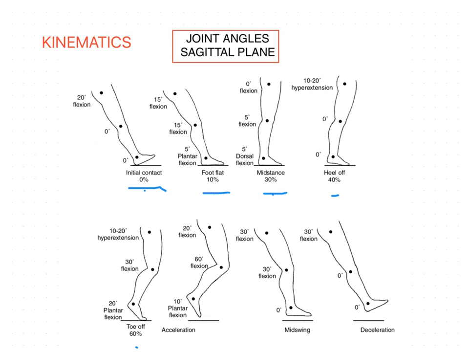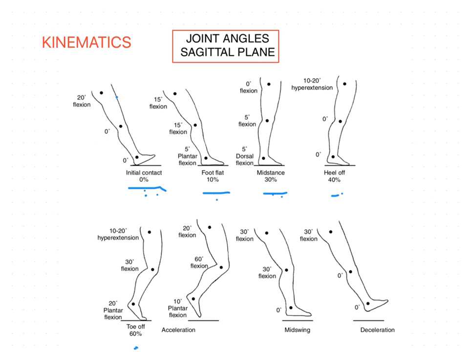Now we will see. What is the first phase in the gait cycle? That is the stance phase. Stance phase includes how many events? One is initial contact, foot flat, mid stance, heel off and toe off, isn't it? Now, what are the joint angles required for the initial contact? For the initial contact, the hip requires 20 to 30 degrees of hip flexion.